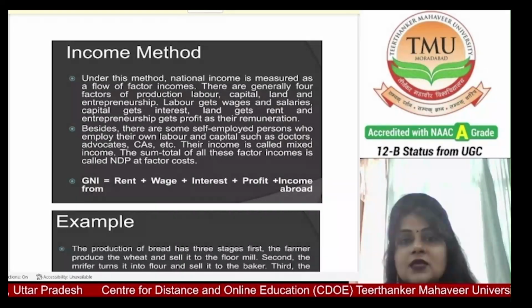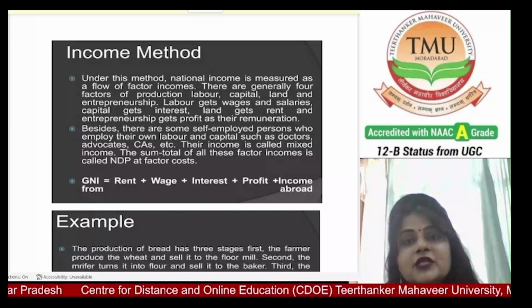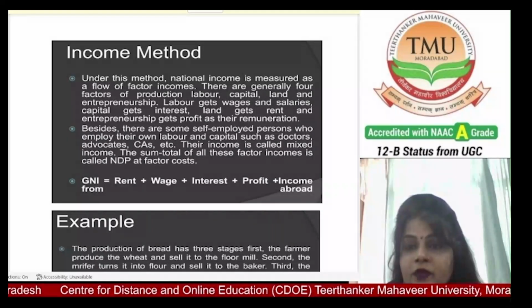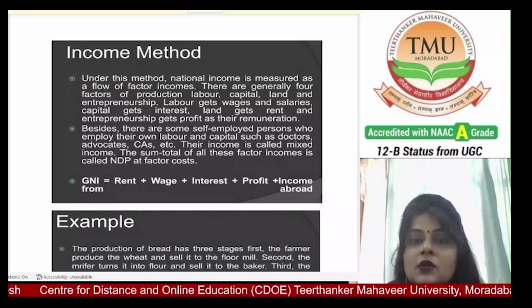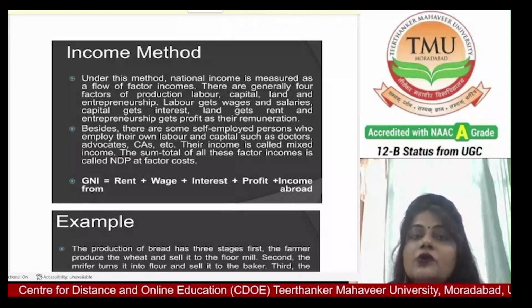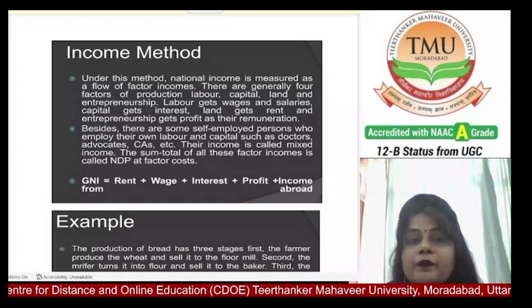Wages and salaries in kind. It includes all non-monetary benefits like health and education facilities, rent-free accommodation, free car, etc. The imputed value of such benefits should be calculated in the national income.